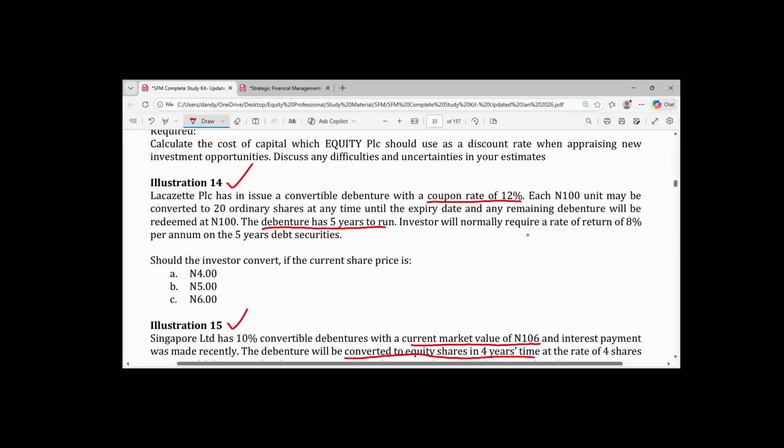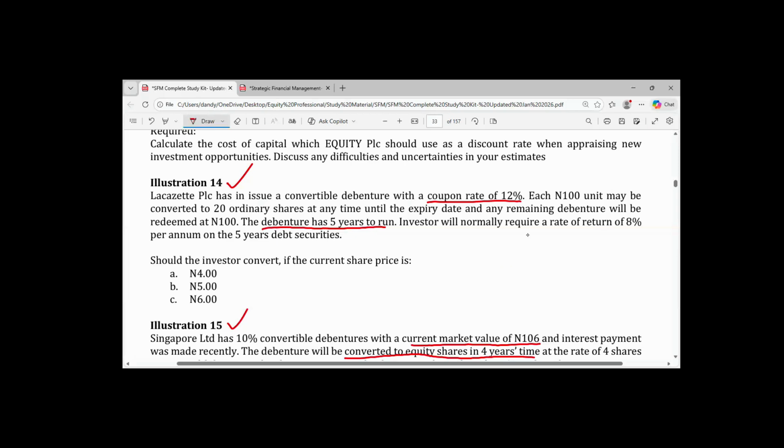For you to answer this question, you need to determine the current market value of the convertible debenture. If the company wants to redeem this debenture in the next 4 years, what will be the market value? So you keep it on one side.